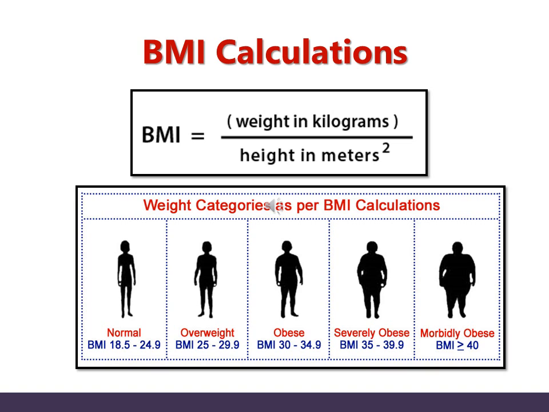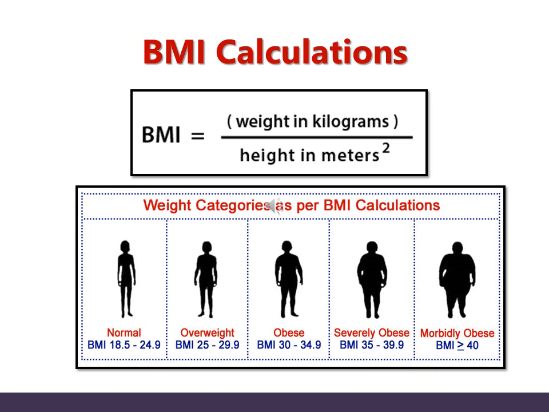Then divide the weight in kilograms by the height in meters raised to the power of 2, and the result is your guide. It will tell you whether the patient is normal, overweight, obese, severely obese, or morbidly obese.